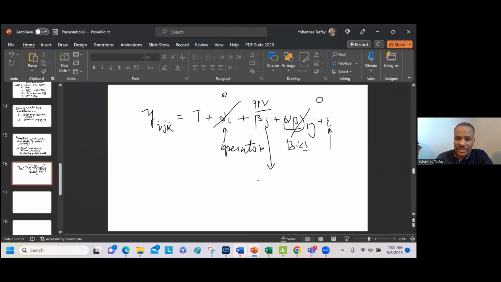CPK is the upper specification limit minus target, or target minus lower specification limit, divided by 3 sigma, then the minimum of those.